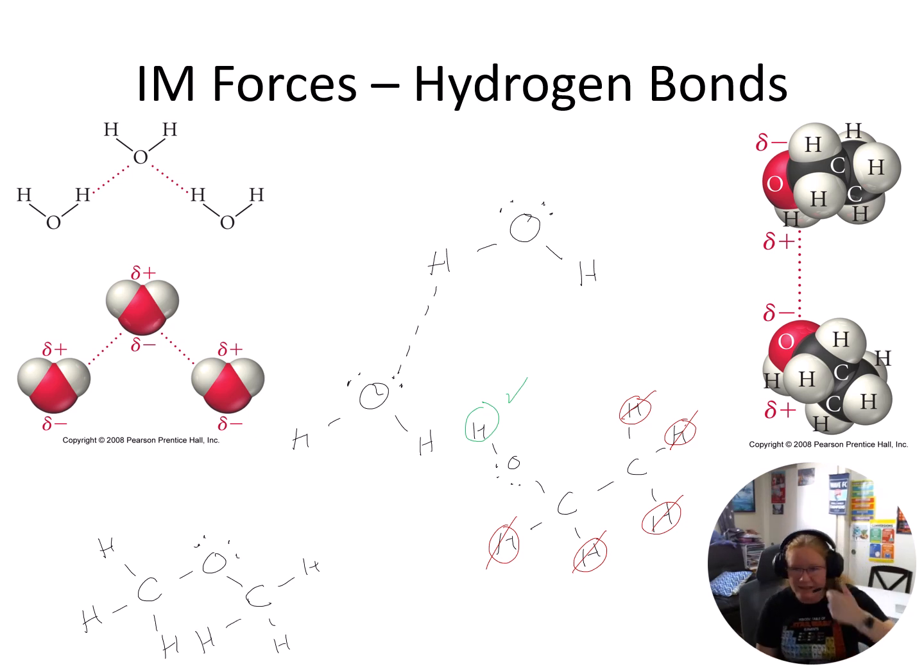So let's say I mix that dimethyl ether with my ethanol. That oxygen can always accept a hydrogen bond, okay? Because it's still an oxygen and it still has lone pairs. So the oxygen can always accept, the nitrogen can always accept, the fluorine can always accept. They can always accept a hydrogen bond. But the hydrogen that participates in the hydrogen bond has to be bonded to the oxygen, the nitrogen, or the fluorine. Okay?